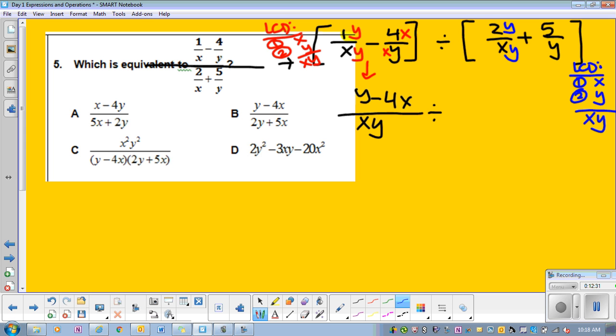X. Multiply the bottom, multiply the top. So XY on the bottom. What is on the top? 2y plus 5x. Can you factor that? No, there's no GCF. You can't do anything else with it.